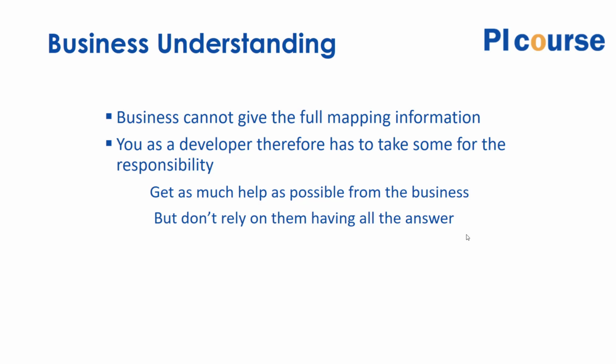But sometimes they don't have all the answers, so you have to figure out where you can get this data yourself. So it's not easy, but it's just the reality that you have to figure out how your business and all of these components work together.